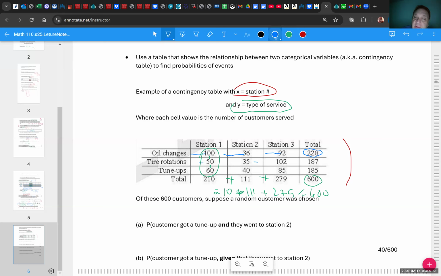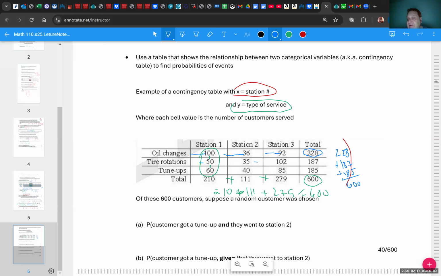Or you can add the verticals. You can add 228 and 187 and 185, and you also get 600. So it basically says that's the total number of things that happened, and you can get that by adding all the different types of services, or by adding all the different stations.